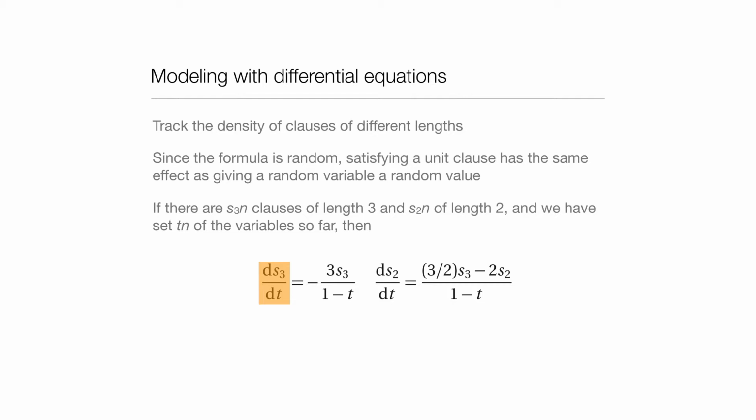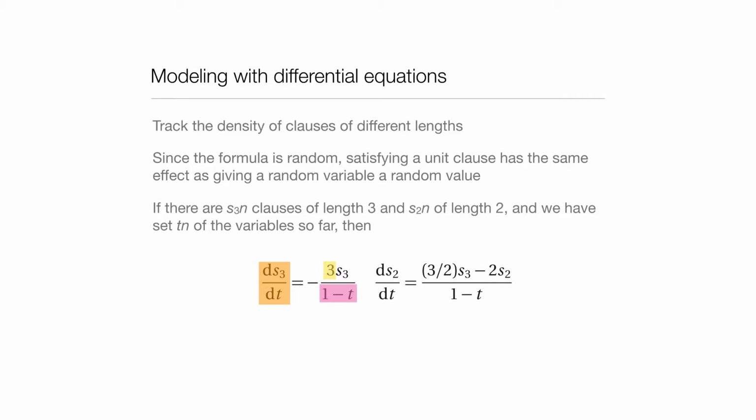And so the probability that we lose one of them is proportional to the number of them that we have. So the probability that a particular 3-SAT clause is about to disappear is, well, each of these three variables could be the one which we choose to set next. Now, there are 1 minus t times n variables we haven't set yet. And so the probability that one of these three variables is the one the algorithm chooses to set is 3 divided by 1 minus t times n.